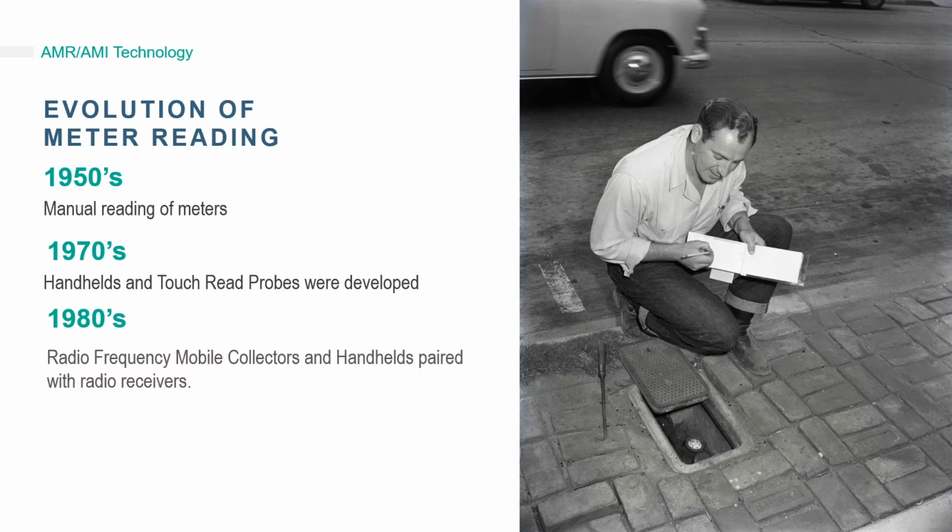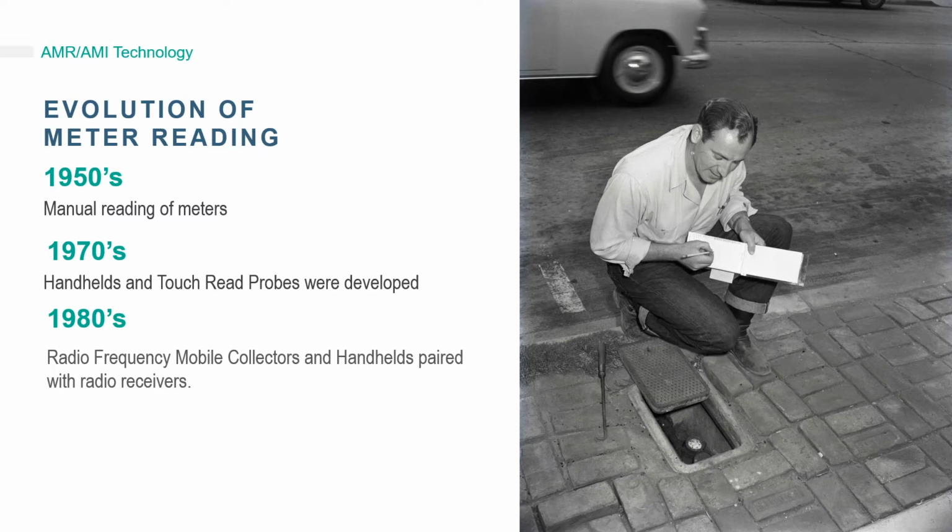Radio frequency technology was developed that featured meter registers wired to a radio frequency transmitter. Handhelds or mobile collectors were used to obtain meter readings. These readings were then downloaded from the collector into the billing software for electronic processing of bills. Now, this technology is essentially the basis of most AMR systems today.